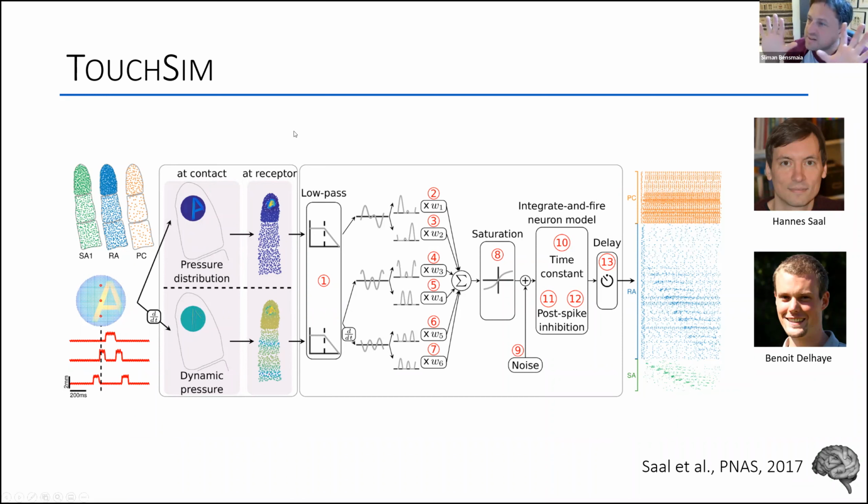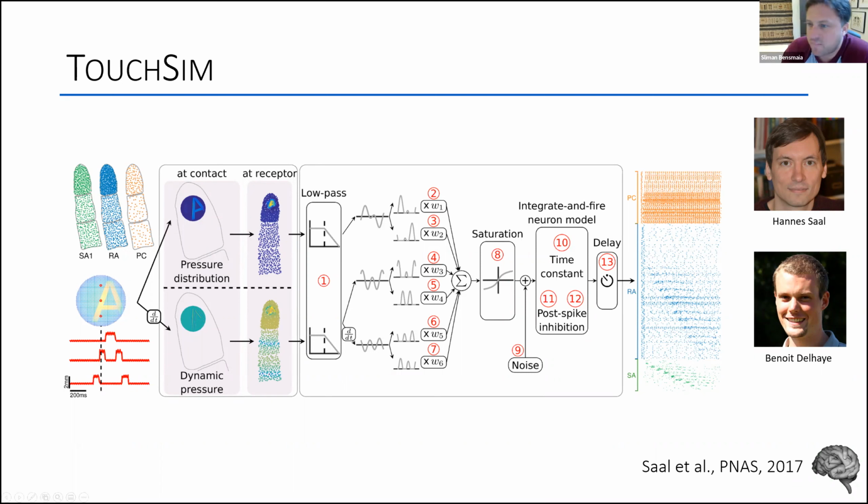And then it tiles the skin with afferents at their known densities, because you have many more afferents that innervate the distal part, the fingertips, than other parts of the hand. It tiles the hand with these afferents at their known densities, and then it simulates how each of these afferents would respond to whatever the local skin deformation is, right?